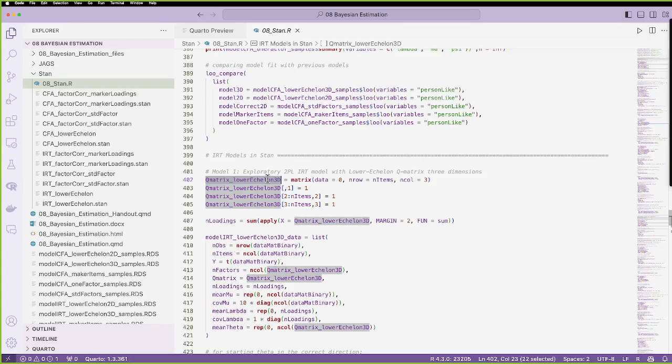Other questions? Okay, let me talk about where this is going. Next week, again, you don't want multidimensionality. You have a unidimensional assessment program. What do you do? Well, first, we're going to have to figure out if there are multiple dimensions. We're going to use these lower echelon Q matrices to do so.